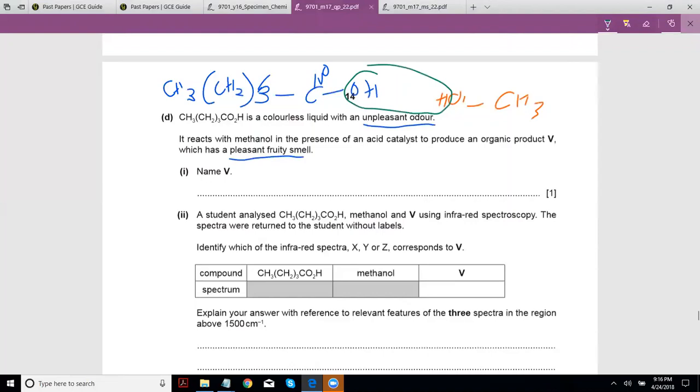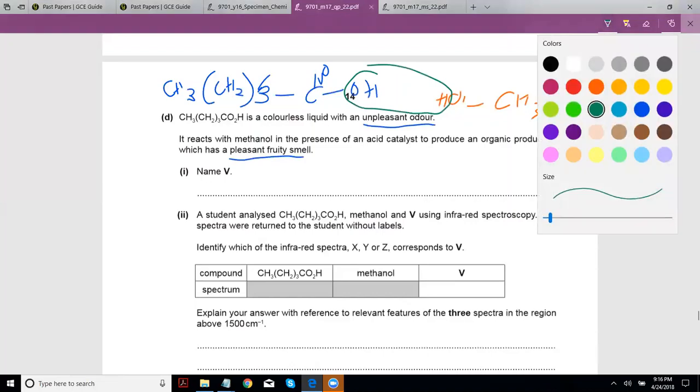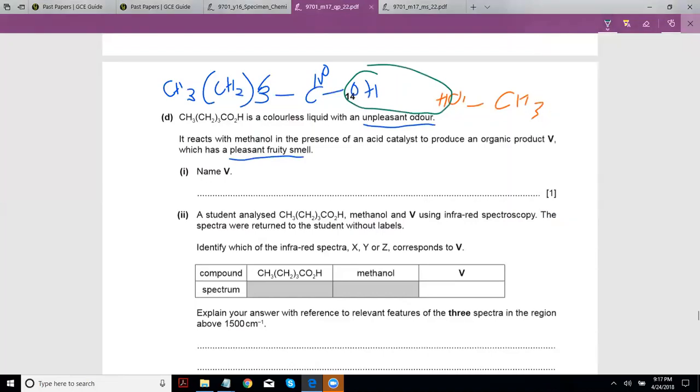Hamza, which side of the chain do you go with? Alcohols first? Is it methyl? Yes, the convention is to go with the alcohol chain first, so that is methyl. And how long is this one? 3, 4, 5. Methyl propyl... pentanoate.